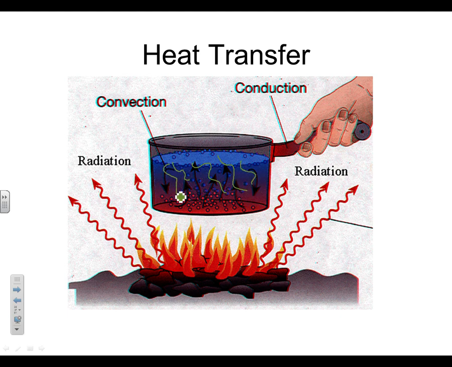The spaghetti is cooked by convection. The spaghetti isn't directly touching the fire to be heated. The fire heats the pan, which heats the water, the water circulates around, and that cooks the spaghetti inside. The spaghetti is heated by the movement of the fluid.